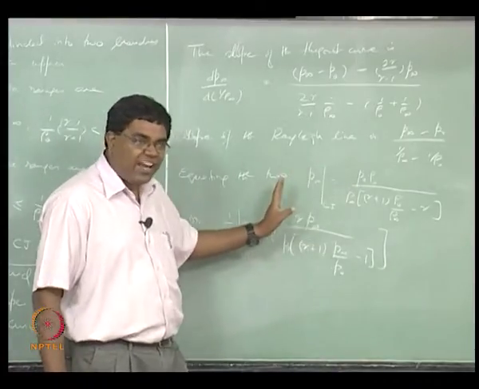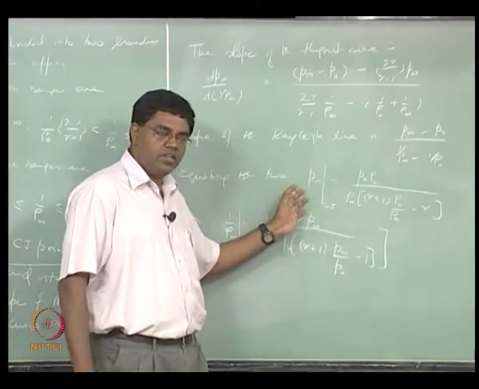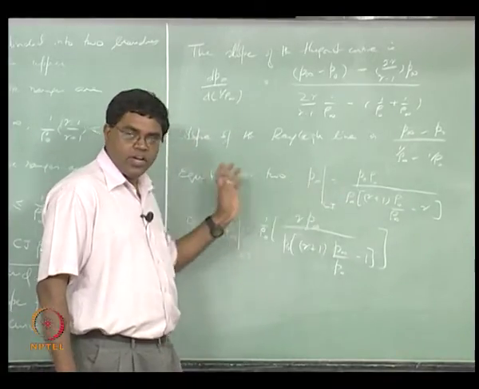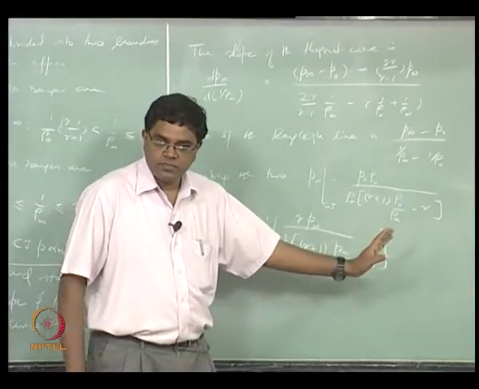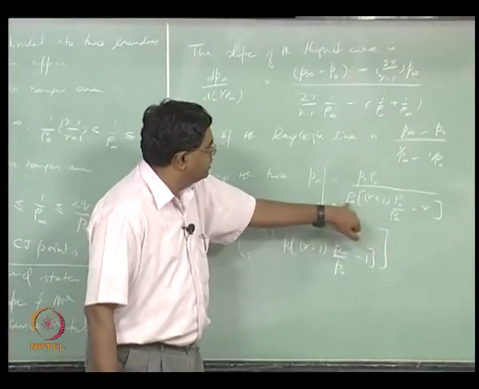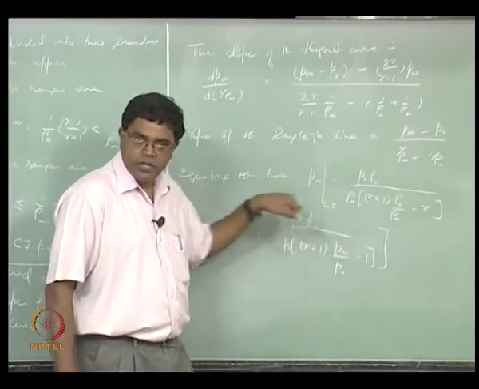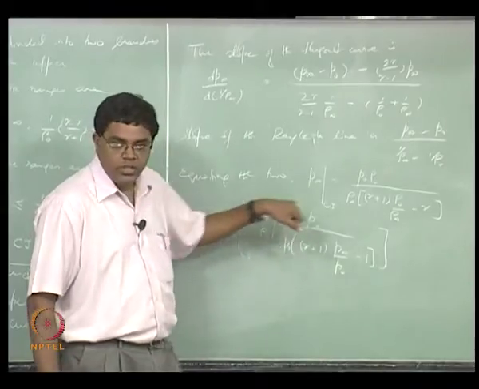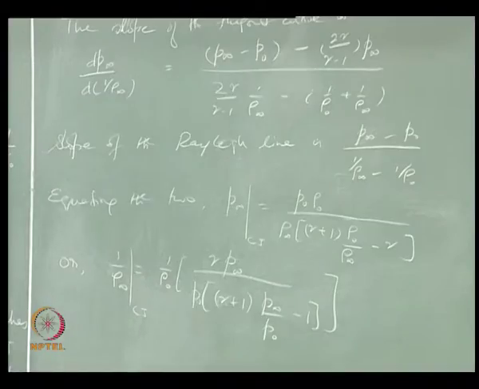We can write explicit expressions for p infinity at the Cj point and 1 over rho infinity at the Cj point in terms of the others, which will still contain the other infinity term. p infinity will contain a 1 over rho infinity term, and 1 over rho infinity will contain p infinity. So we still haven't solved for the coordinates, which is what we are going to do next.